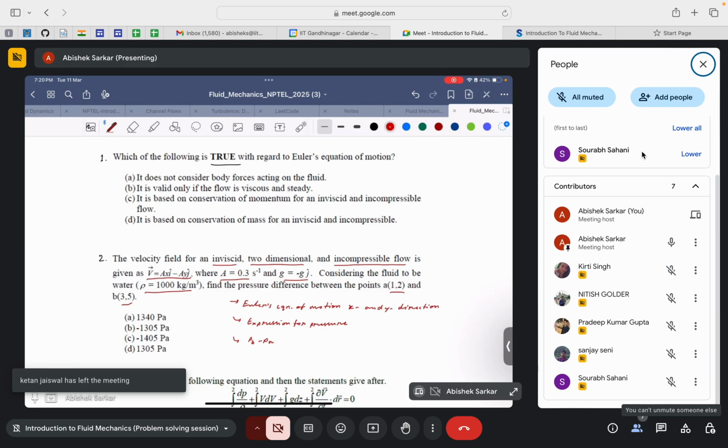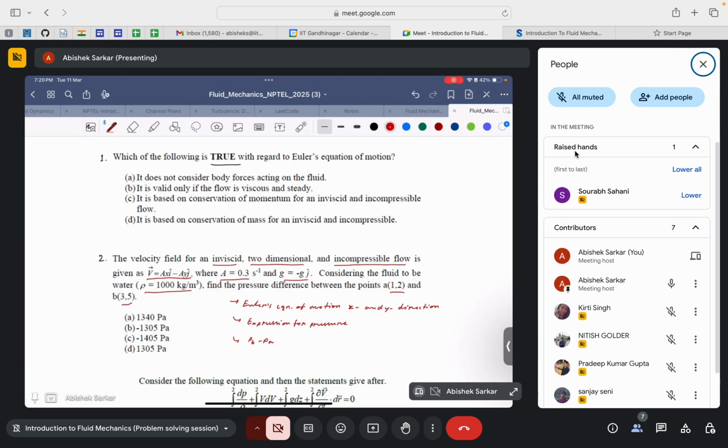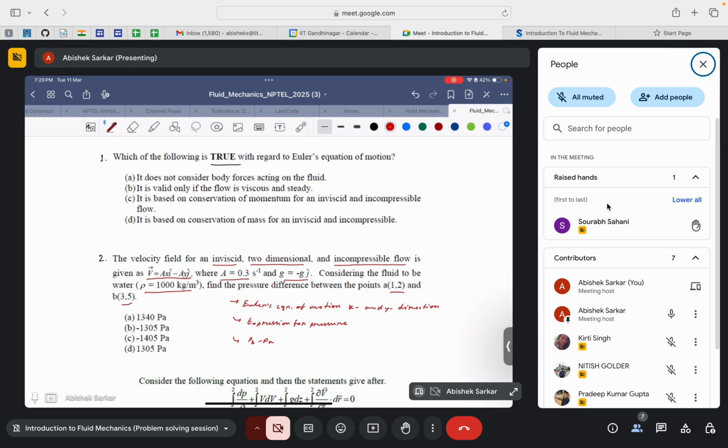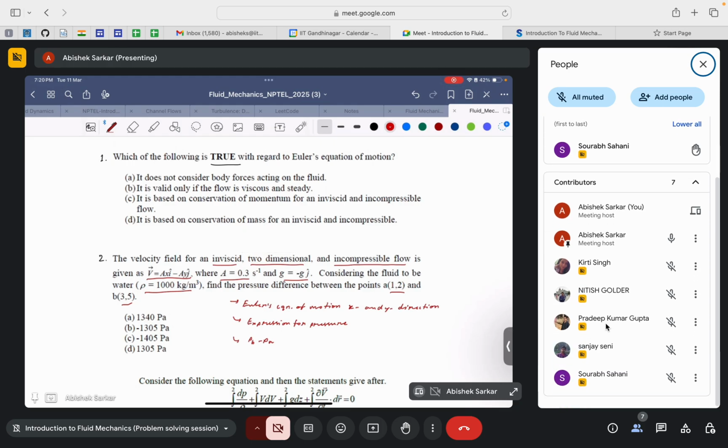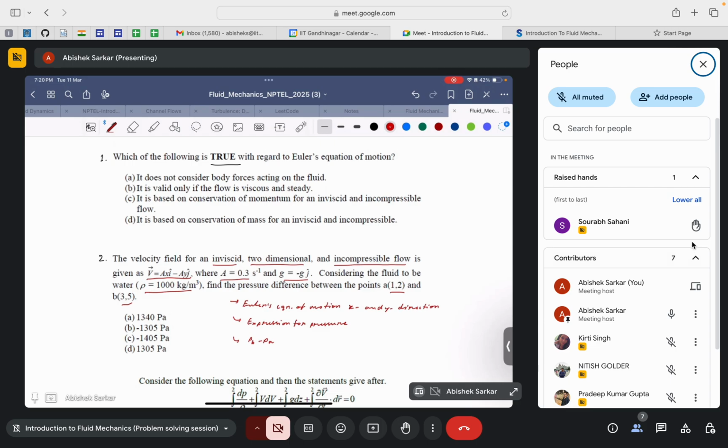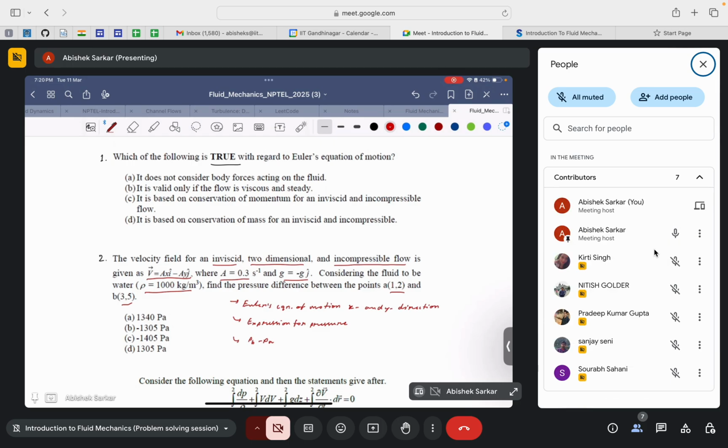Okay, Saurabh again. Saurabh, is there any doubt in this question? You can unmute and ask. Your raised hand, it seems, or it was a previous one. Okay.